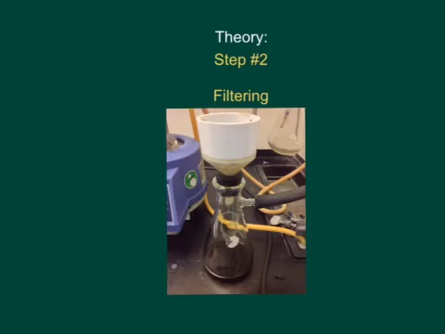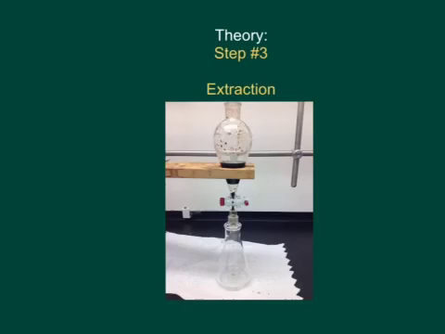Now that we have our liquid from the distillation, we basically filter it through this system right here, gathering all the liquid as possible and leaving all the leaves behind that were collected in the light bulb flask. Again, the reason we do extraction is to basically isolate the caffeine, which is collecting here in the methylene chloride, and removing that from the liquid on top, which has all the other impurities.